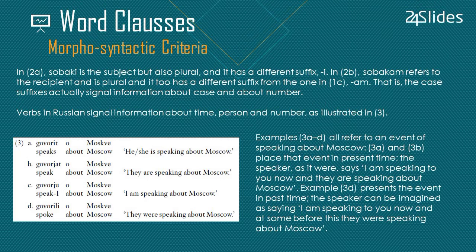In 2b, sobakam refers to the recipient and is plural, and it too has a different suffix from the one in 1c. That is, the case suffixes actually signal information about case and about number. Verbs in Russian signal information about time, person, and number, as illustrated in number 3.